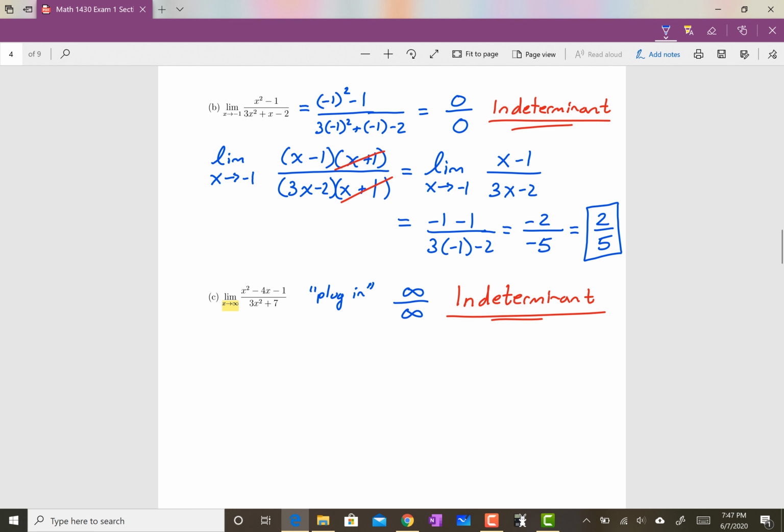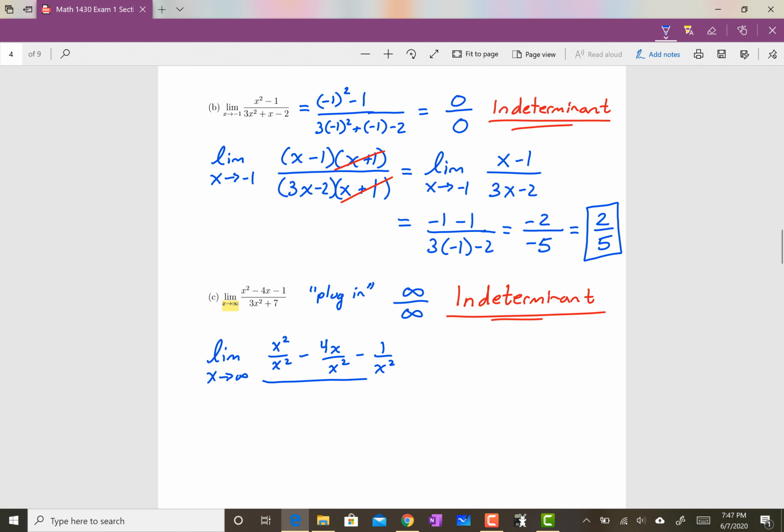So what do we do when this occurs? Well, there's a different rule that we use for limits at infinity. We divide every single term by the highest power of x in the denominator. So the highest power of x in the denominator is x squared. And I'm going to divide every term by that. So I'll have x squared over x squared minus 4x over x squared minus 1 over x squared.